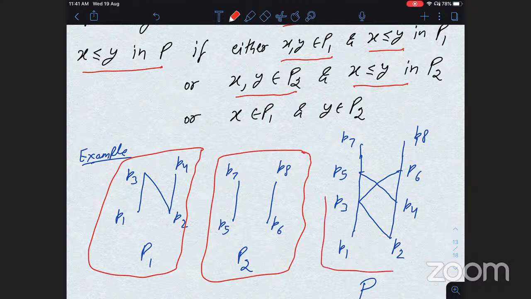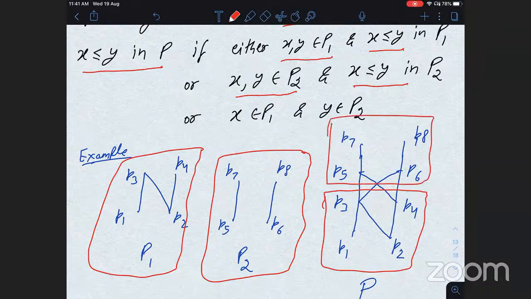So we will have a poset, we have P1 here, right? And at top we have the poset P2, right? And now condition 3 forces that every element of P1 is less than or equal to every element of P2.